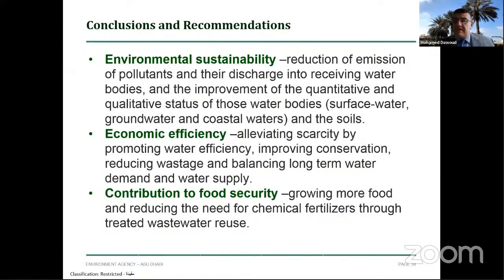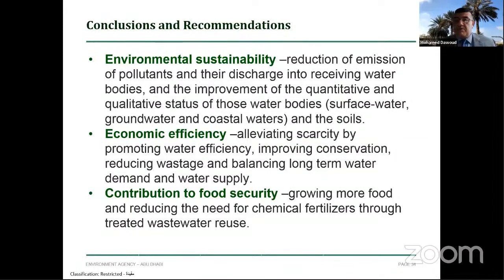So it will help the environment, and it will also help economically, saving a lot of money and a lot of energy used for desalination, and stopping the discharge of this treated wastewater to the environment, whether the water courses, the desert dunes, or whatever. So it also has a lot of economic efficiency compared with other alternative resources.